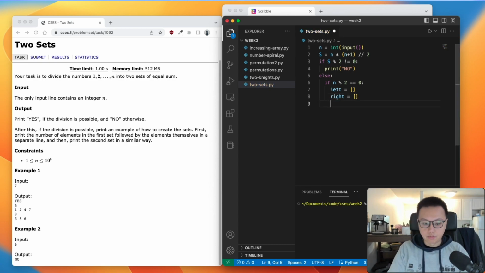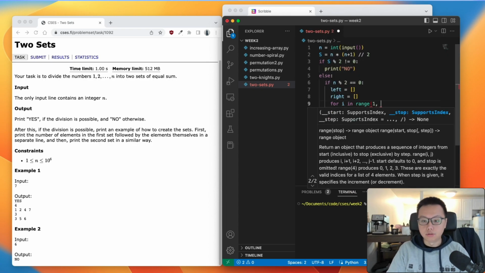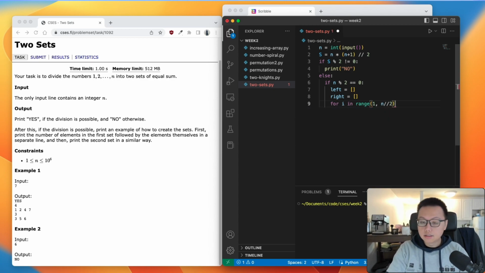So we just run a for loop starting from i equals 1 up to half of n. If i is an odd number, it must be like 1, 3, 5, 7, and so on.